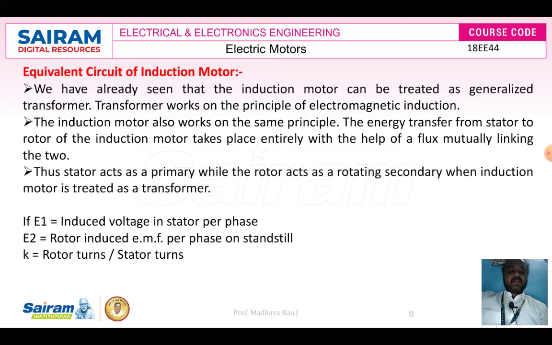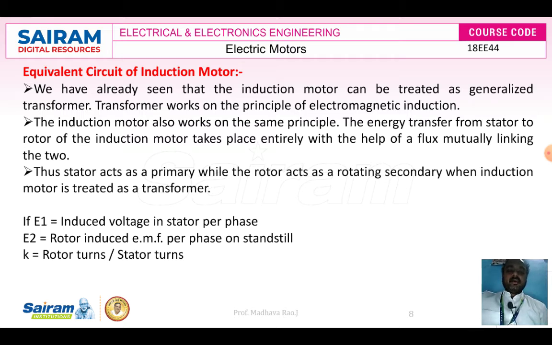Now E1 is the induced voltage in the stator per phase, and E2R is the induced voltage in the rotor in running condition, but E2 is the rotor induced EMF per phase at standstill. If you are not rotating the rotor, then E2 is the rotor induced voltage at standstill.